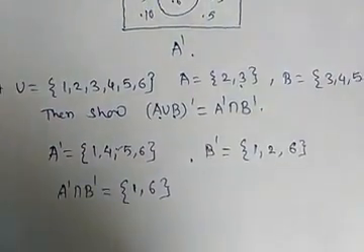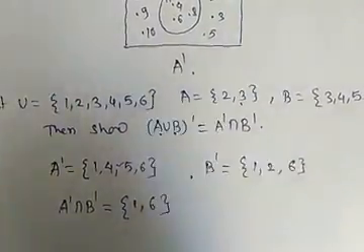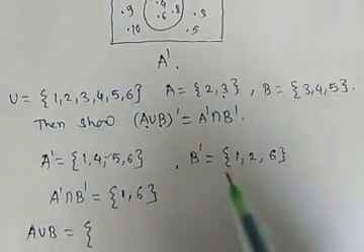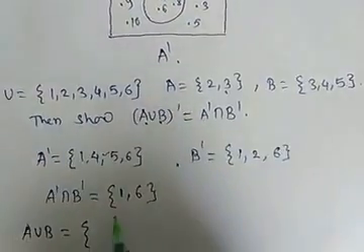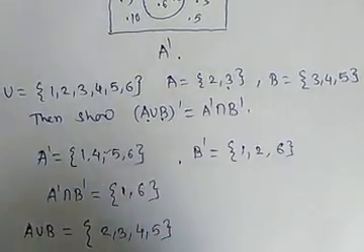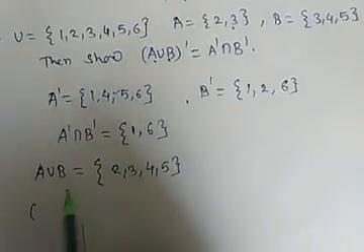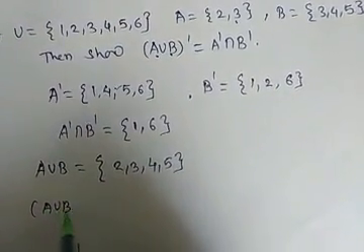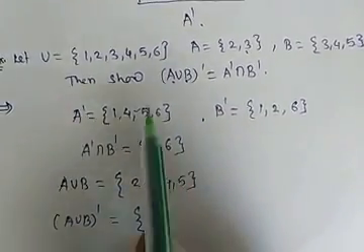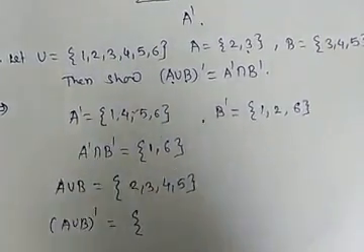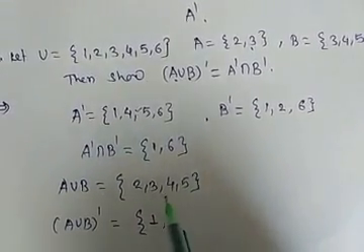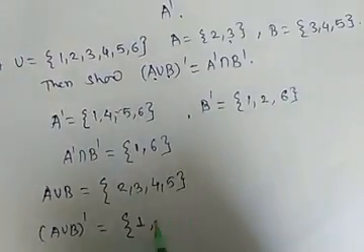Next, for the left side we first find A union B, which will be 2, 3, 4 and 5. Okay, and its complement, (A union B) complement, we have to delete these elements from the universal set. So 1, 2, 3, 4, 5 are present in A union B, so 6 remains.